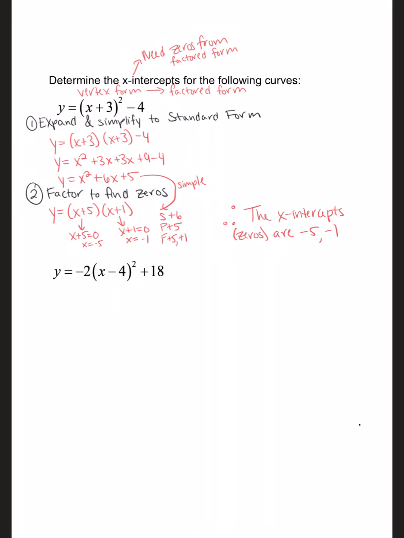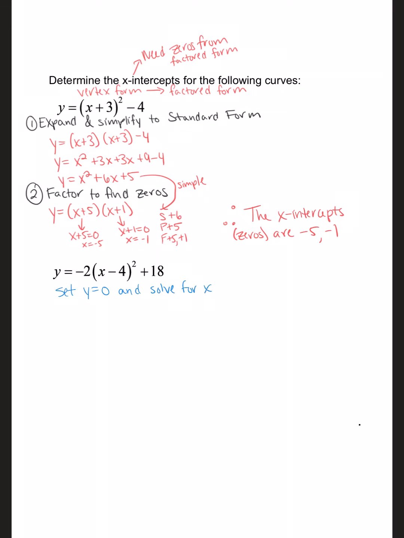Okay, this last example that we're going to try to find our x-intercepts on, we're going to approach it a little bit differently. So instead of expanding and simplifying, we remember that when we're trying to find our x-intercepts, we know that our y is equal to 0. So this time we're going to set y equal to 0 and solve for x.